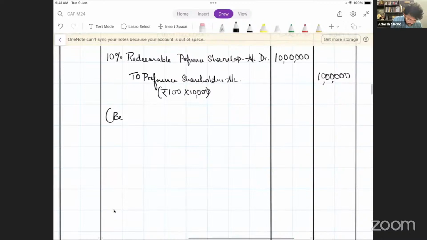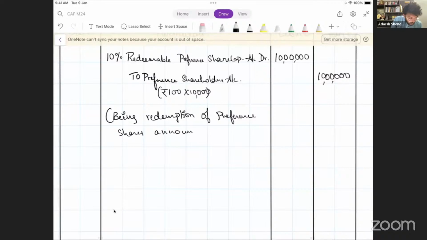Being redemption of preference shares at par announced.